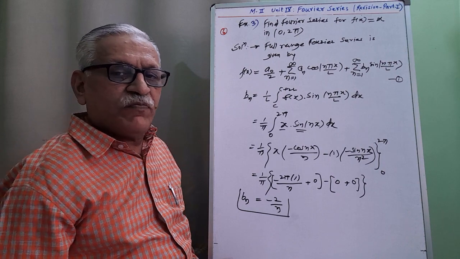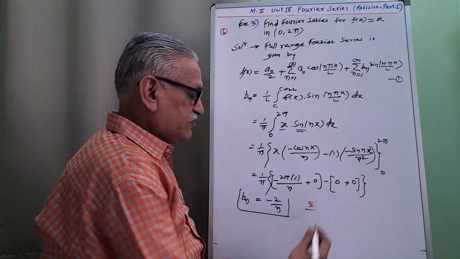And for this correct value of Bn, you will get 2 marks.